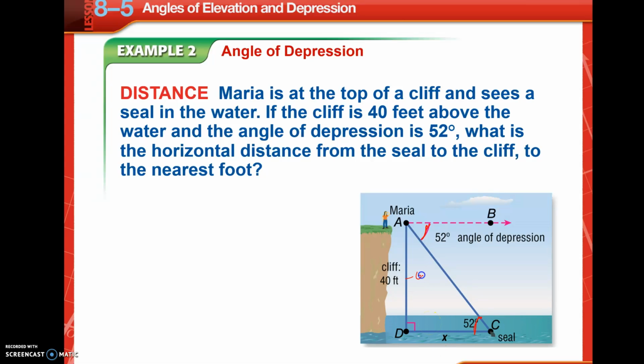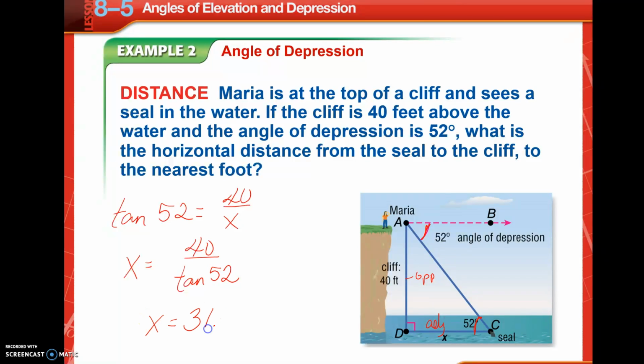Again, we have opposite and adjacent, so we're going to set up our tangent. Tangent 52 equals 40 over x. X equals 40 divided by tangent 52. X equals 31.3 feet.